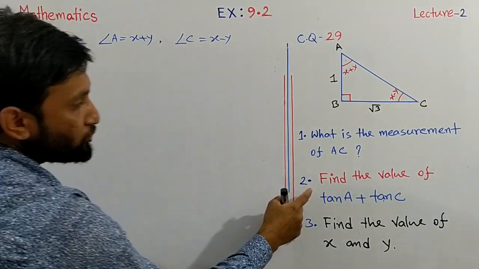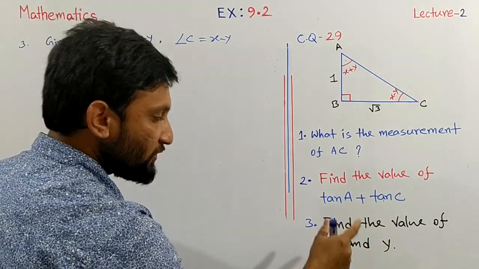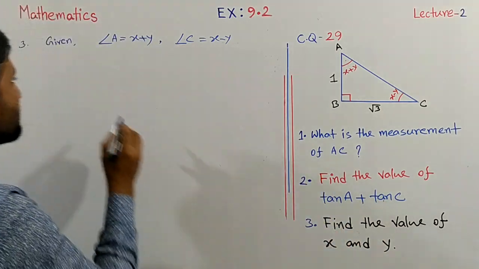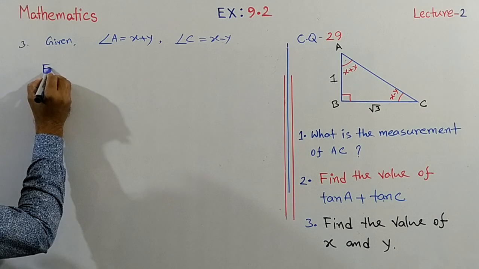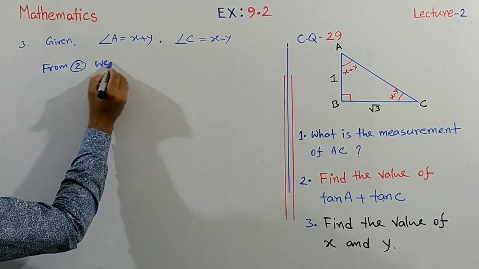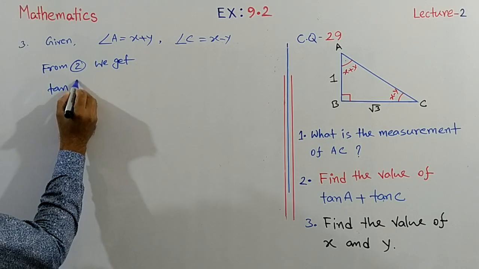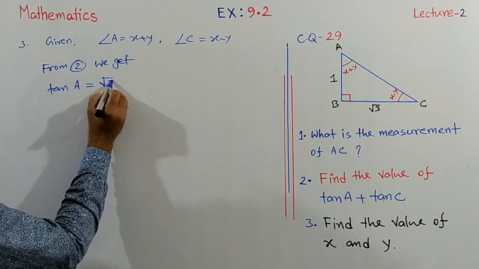Okay, but from 2 we get the value tan A and tan C. So by using these two we can find out the value x and y easily. Here see that from 2 we get tan A equals only root 3.